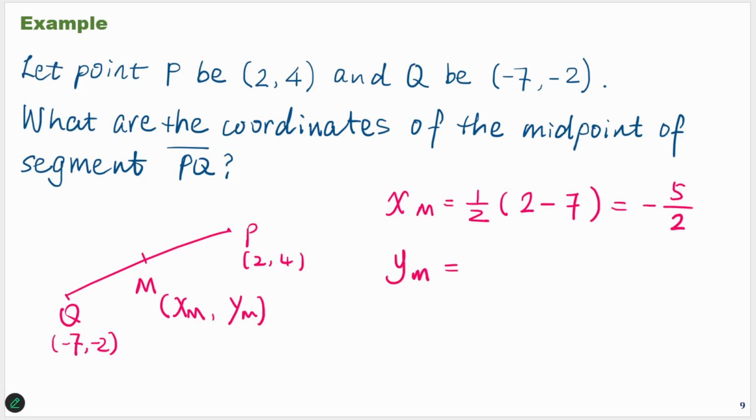Similarly, for ym, that's simply 1 over 2 times 4 plus -2. So 4 minus 2, which is 1. And therefore, we know the coordinates of the midpoint M are -5 over 2, 1, right?